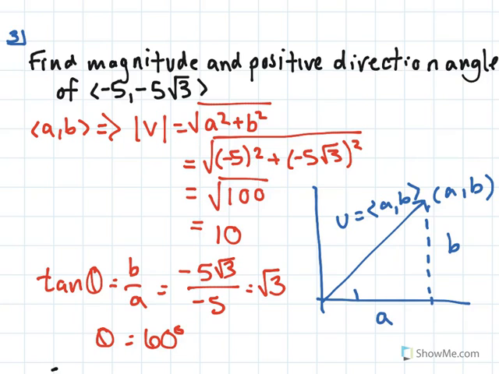So then we also have this angle theta, so that's our positive direction angle. So if we were to solve for this angle, then we have our adjacent side and our opposite side, so that's why we can say tangent of theta equals b over a, and we can solve for theta to get our angle. And remember, for the magnitude, we're basically just using the Pythagorean theorem to solve for the length of our vector, which represents the magnitude as we've previously discussed.